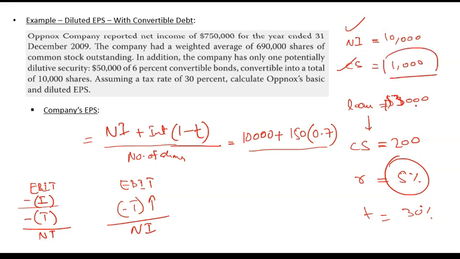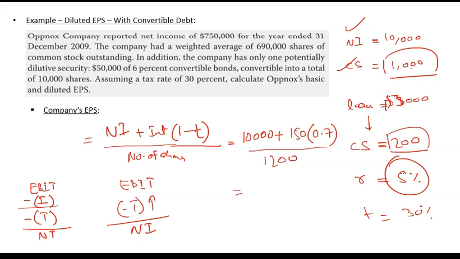Now I have converted this loan into common shares, and I was told that this loan can be converted into 200 shares. So my new number of shares will be 1,000 plus 200, that is 1,200. And whatever EPS comes, that will be my diluted EPS. Again, I will compare it with basic EPS, and I will take the lower of the two as diluted EPS.